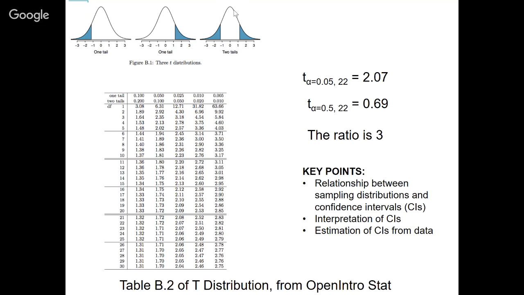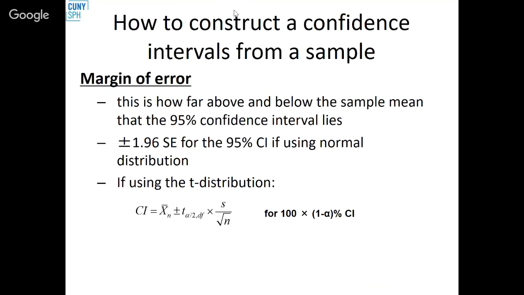Sorry, can you explain again how you do the t-test calculation? This one? Yeah. So to calculate a confidence interval using the t-distribution, let's take an example. We have a sample of size 30, like the people in this room.